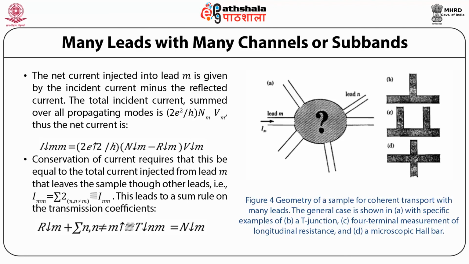So this leads to a sum rule on the transmission coefficients, that is, Rm plus summation over n, n not equal to m, of Tnm equal to Nm, which is a simple generalization of R plus T.